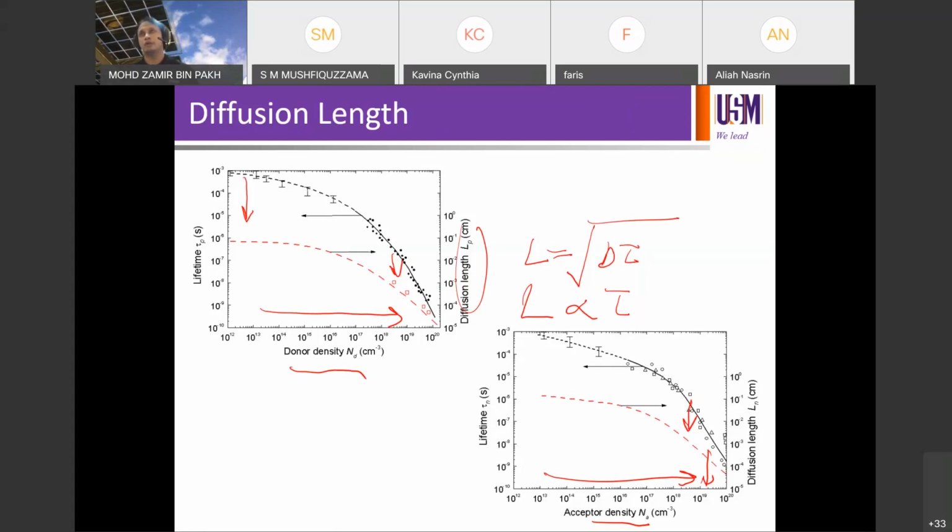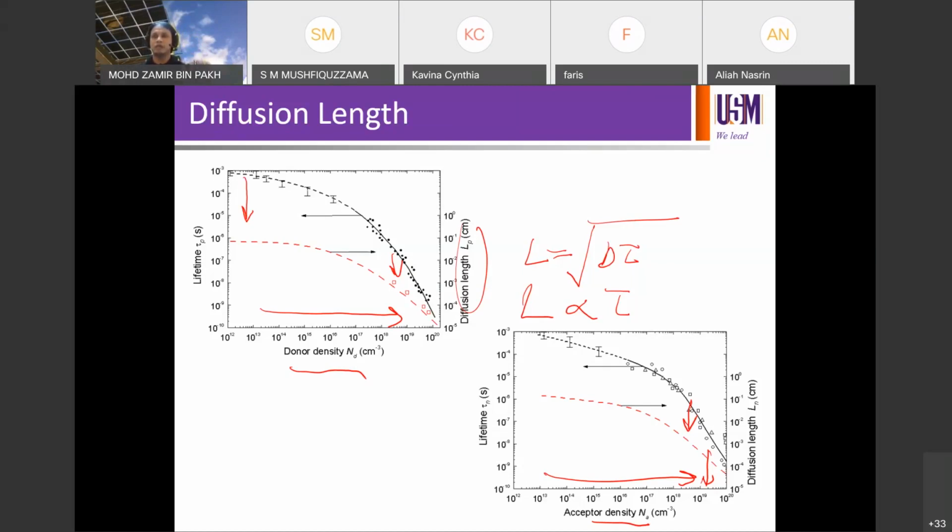But even though your resistance drops, your lifetime is going to drop as well. So when we optimize or fabricate a semiconductor material, it's always a juggle between getting low enough resistance and a high enough lifetime or diffusion length.